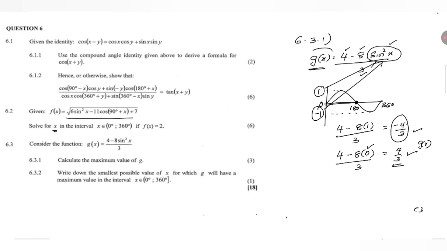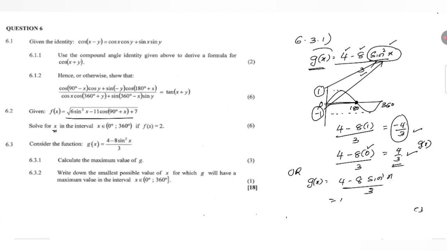Another way also we can do it, but before that, remember, guys, the maximum and minimum of sine and cos are 1 and minus 1. The angle can be anything, 2x, 3x, like that. This question we can do in another way. I will show you that. What is g of x here? G of x is 4 minus 8 sine square x divided by 3.